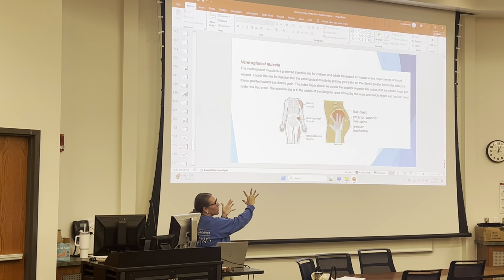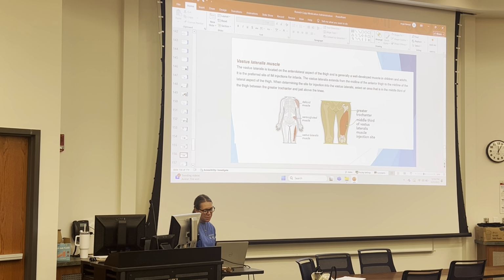It's not a large area, so there's not a lot of wiggle room in there. So practice in lab or at home on your friend, see if you can find that site. Right, and then there's a picture of your vastus lateralis there, just that middle area.